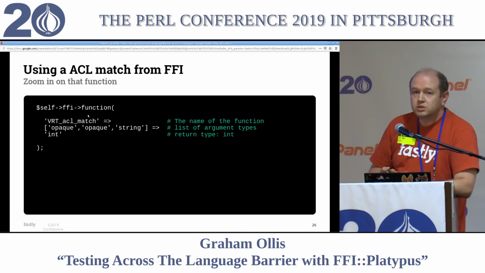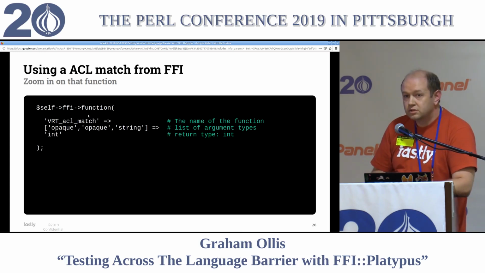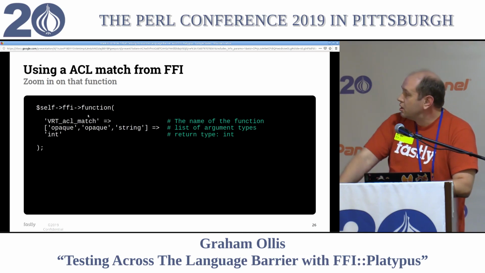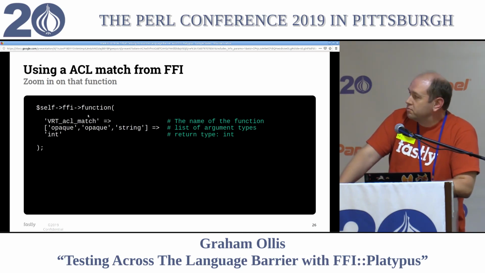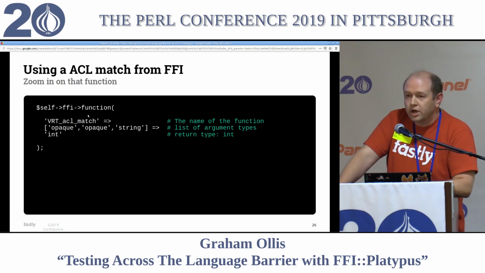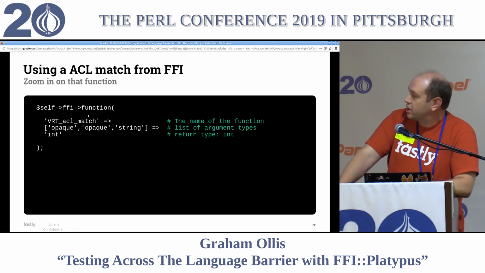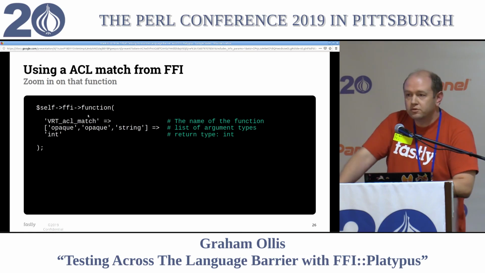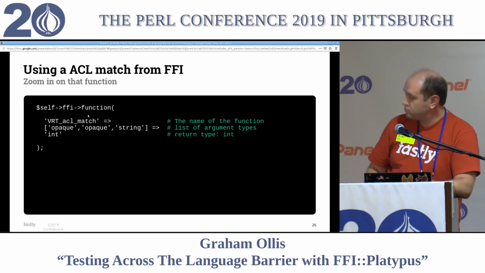You need the name of the function, the argument types that it takes, and the return value. And here, in Platypus lingo, we use opaque for pointers, a string should be obvious, and an integer is an integer.